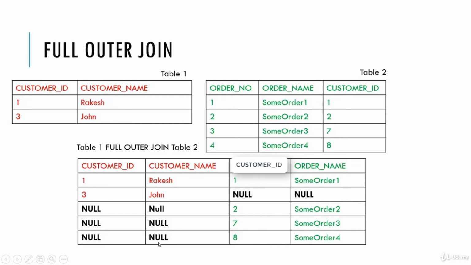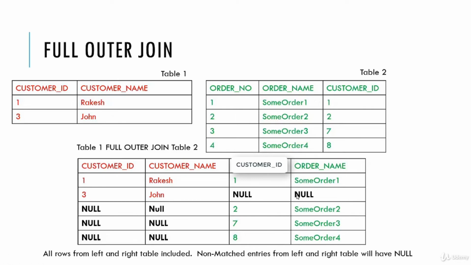So basically it's a combination of your left outer join and right outer join. So you will have all rows from your left hand side table and all rows from your right hand side table. Whatever matches, you will find a complete row set. Whatever does not match will simply have nulls. So all rows from your left and right table are included.